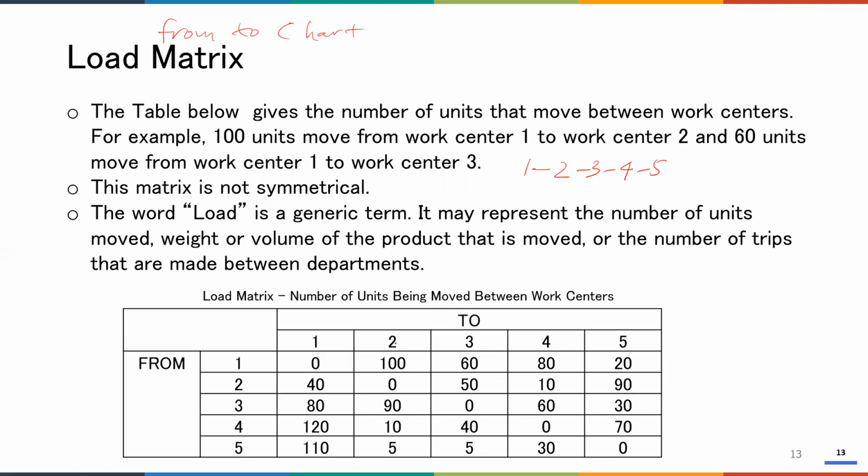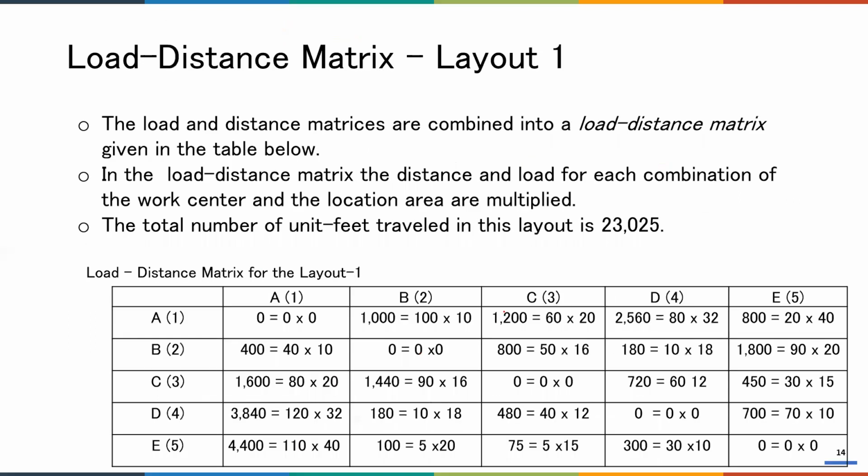So we make it 1, 2, 3, 4, 5 according to how they are assigned to the workstations, the sequence. So for example, there are a number of units being moved. So in this case, we use the number of units. You can use the frequency. You can also use batches if you move the goods in batches, or you can use the total weight that is being transferred from one location to another.